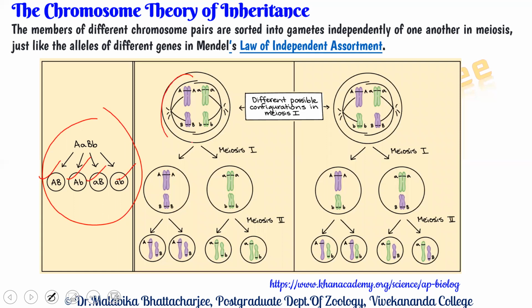The arrangement may be that the genes are in coupling, with both the wild type alleles on one side. Genes in coupling are present on the same chromosome. This is not a situation of coupling, but both the wild type alleles are present on one side and both the recessive alleles on the other side.